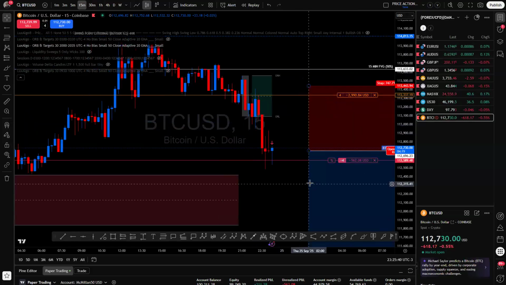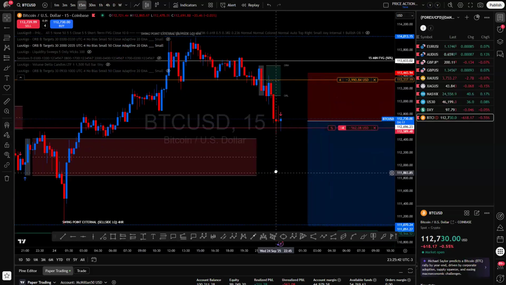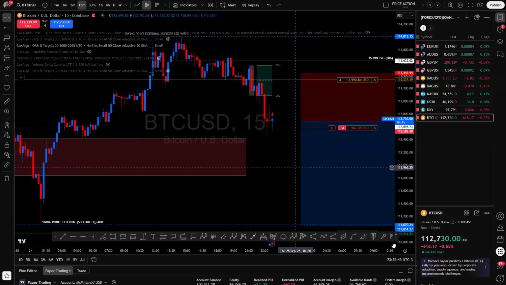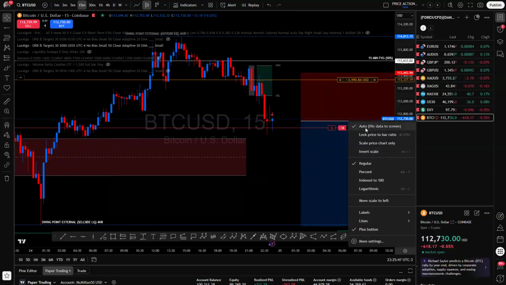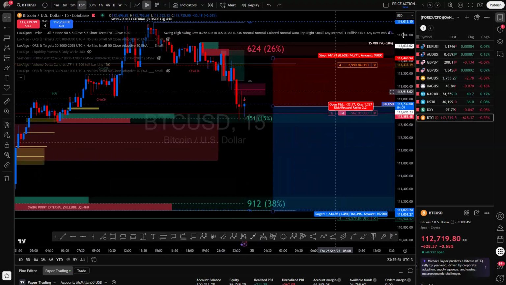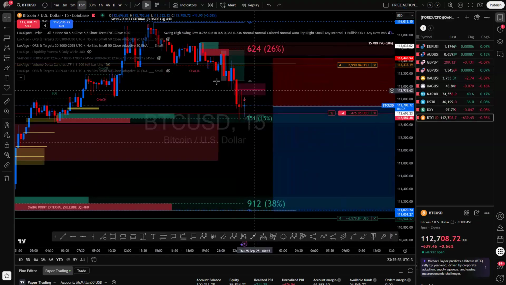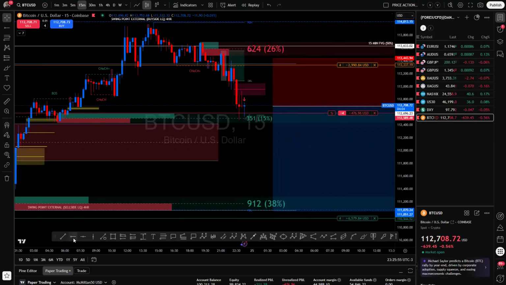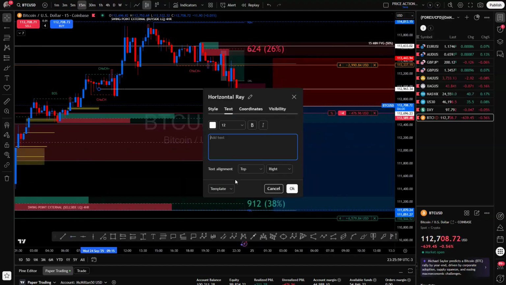Let me zoom in a little bit more. Price could pull back through this fair value gap. We're going to mark this fair value gap. This is 50% of it.